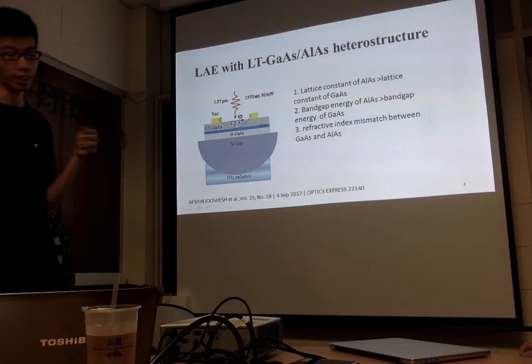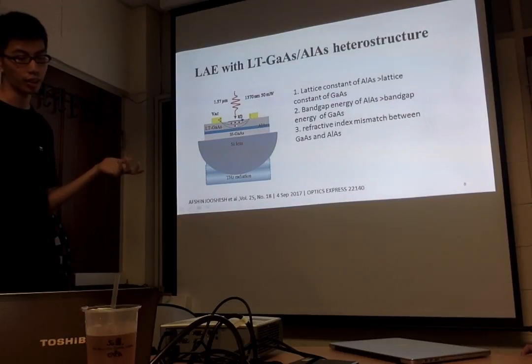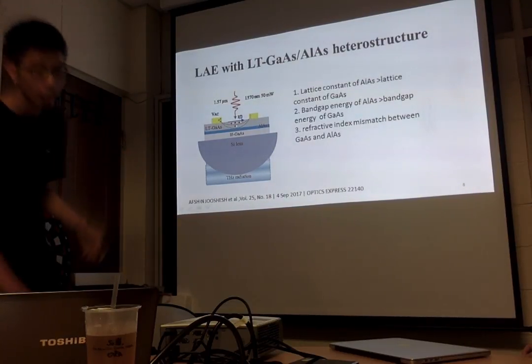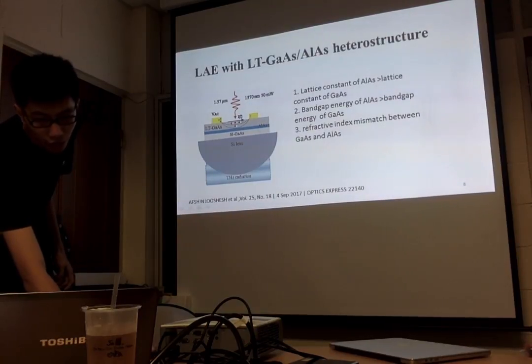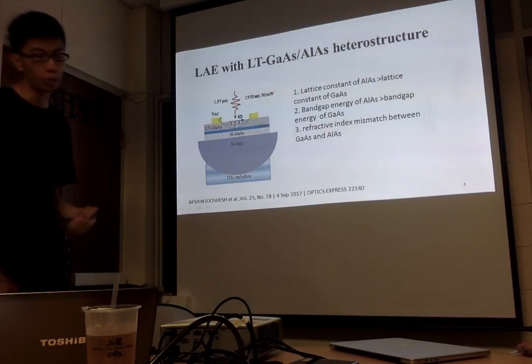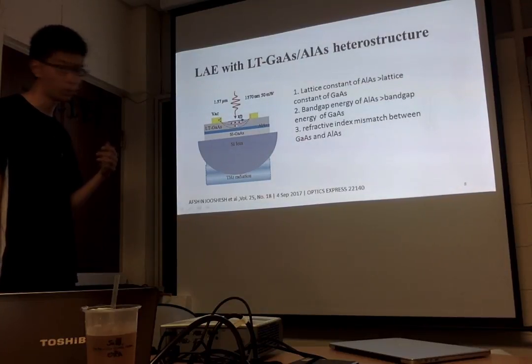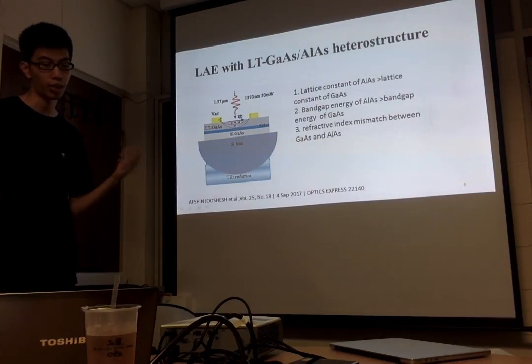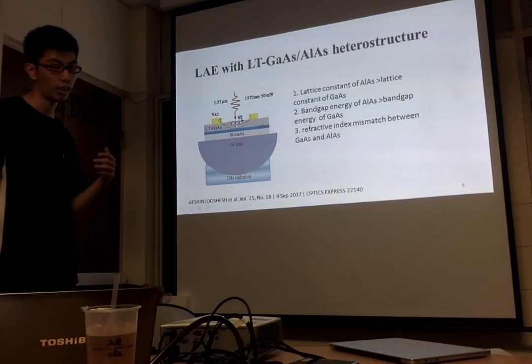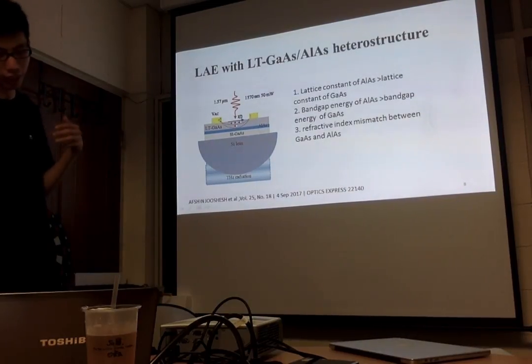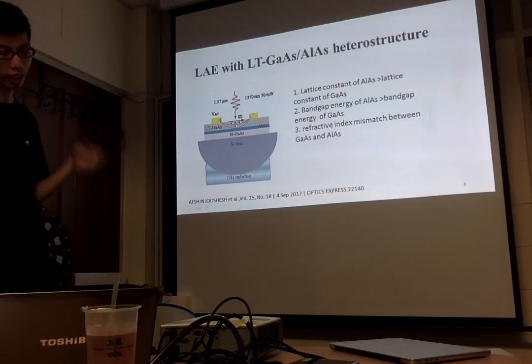Aluminum arsenide has a larger lattice constant than gallium arsenide, which makes low temperature gallium arsenide with a large lattice constant.